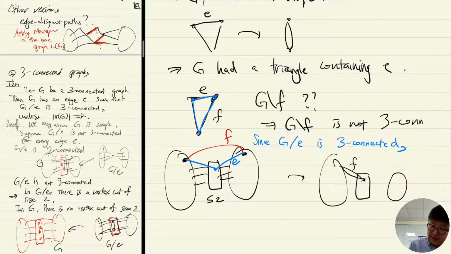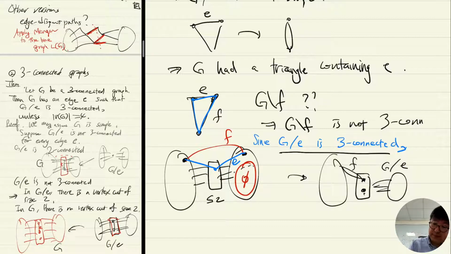This is F. Now, when you delete these two vertices in G contract E, the graph looks disconnected. That's weird because we said that G contract E is 3 connected. Well, the only way it's possible is to make this part empty. So there is only one vertex.